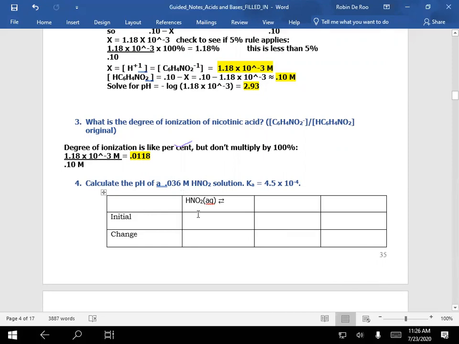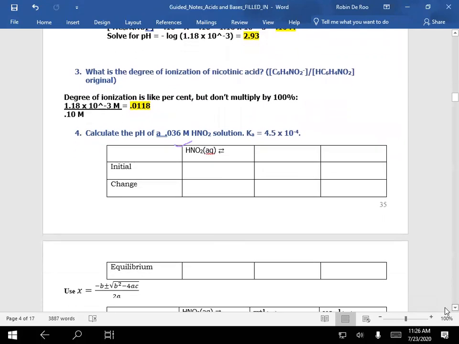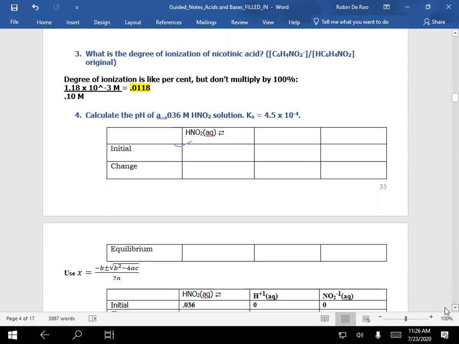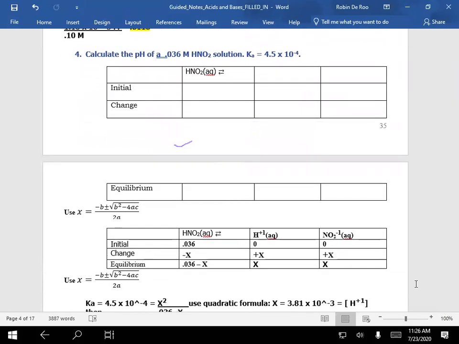So we have the weak acid in equilibrium, and we set it up in an ICE table. And sometimes you will have to use the quadratic formula. If you have to use the quadratic formula, that is given here.